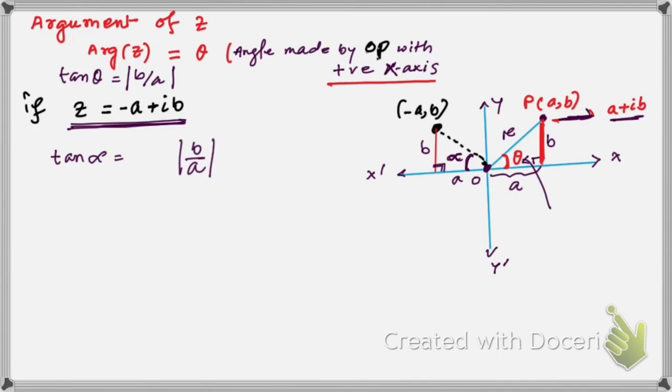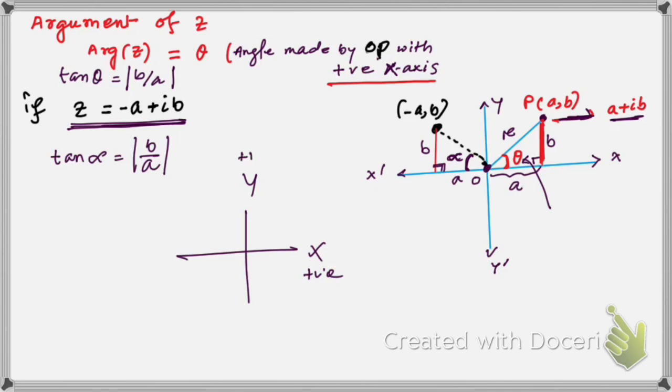Now in this case, what will be theta? Theta will be this angle. Argument is always the angle made by this line with the positive axis. Suppose this is the x-axis and this is the y-axis, here is the positive x-axis and this is the positive y-axis.